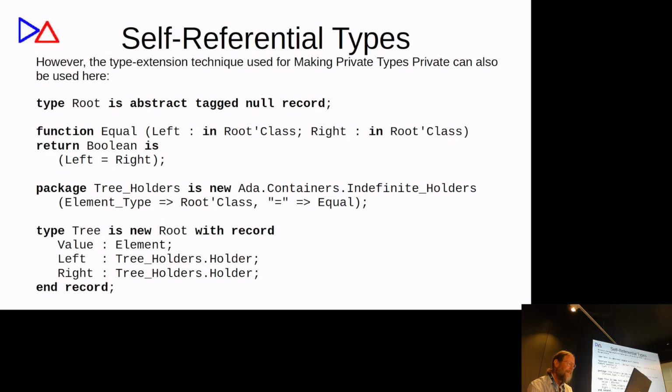And so for that case, you might want to instantiate the indefinite doubly linked list package on your class-wide type, so that you can then have an object of that list type in your full type.